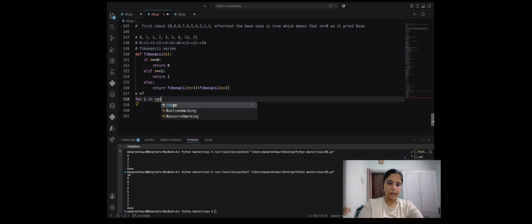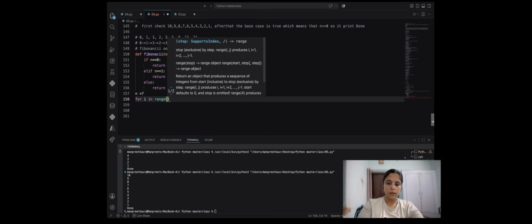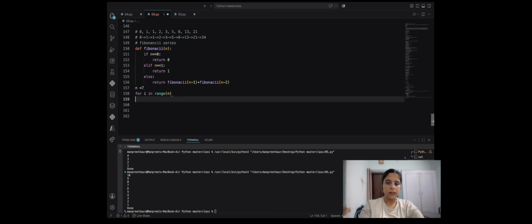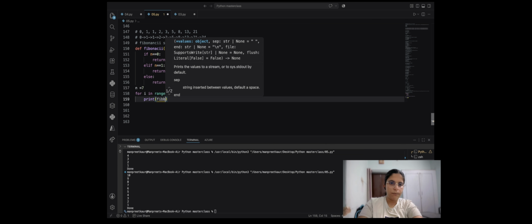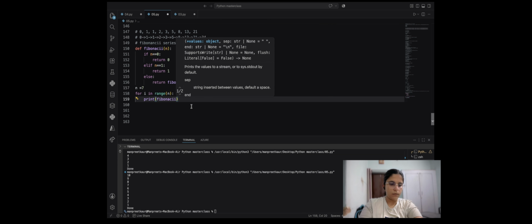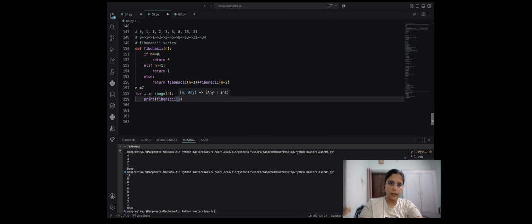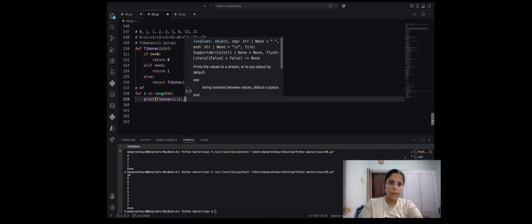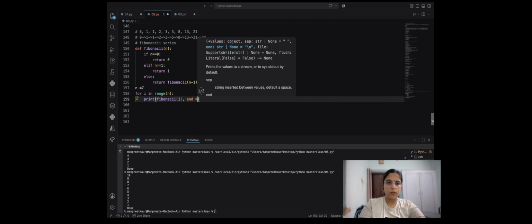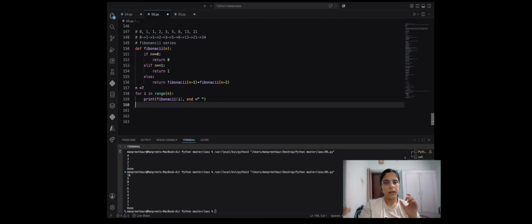For i in range n. Print the fib series i, and we end it with end equal to this.